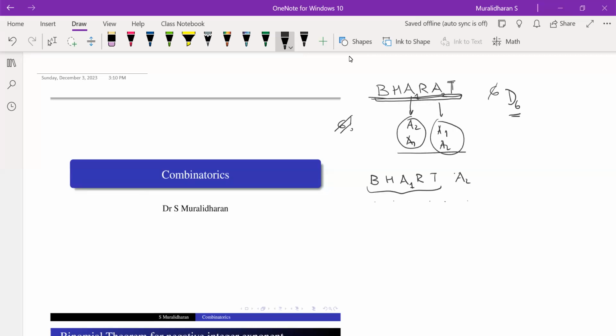That means A1 is going to one of the other 4 letters, let us say R. The remaining letters are B, H, T and A2, and A1, while R is not there at all. So these 5 I have to arrange.